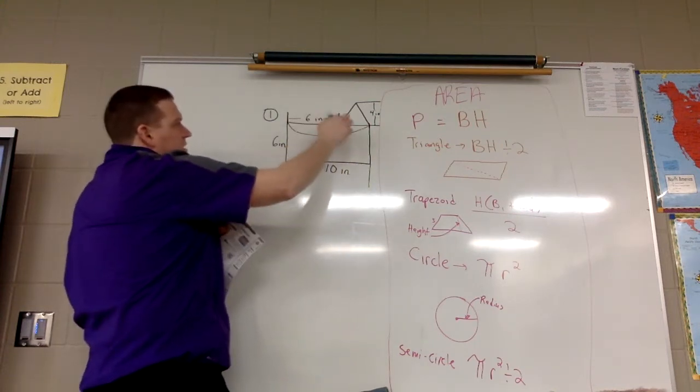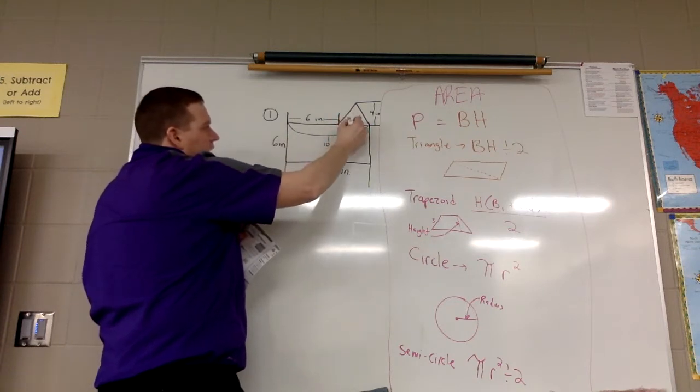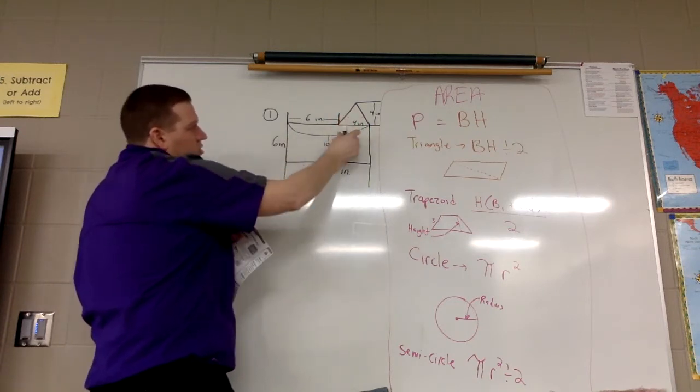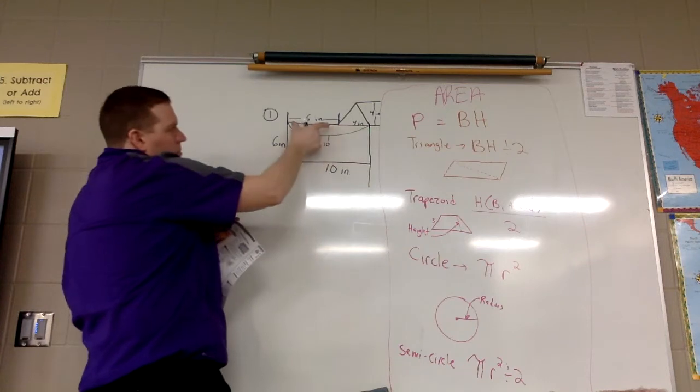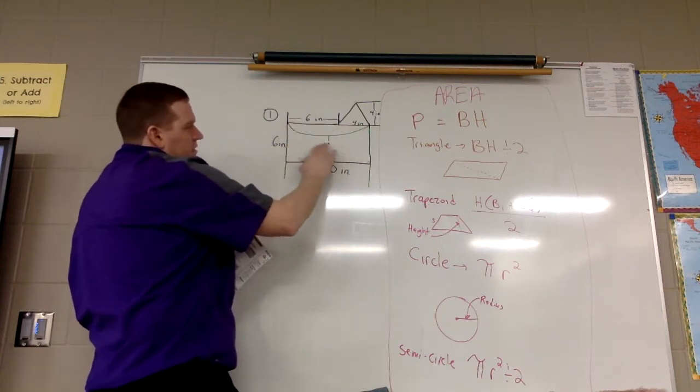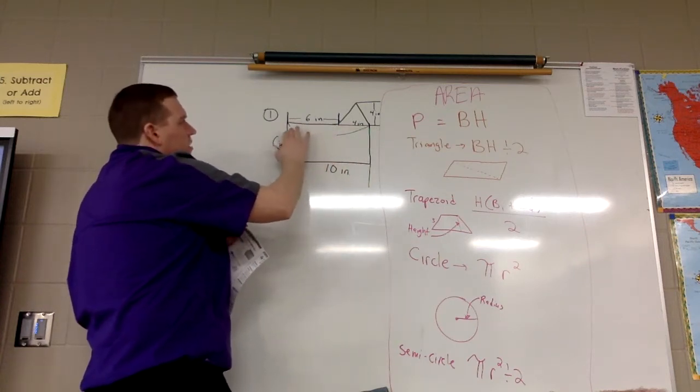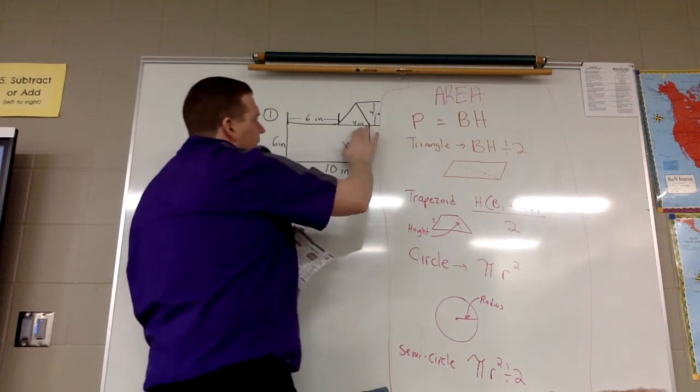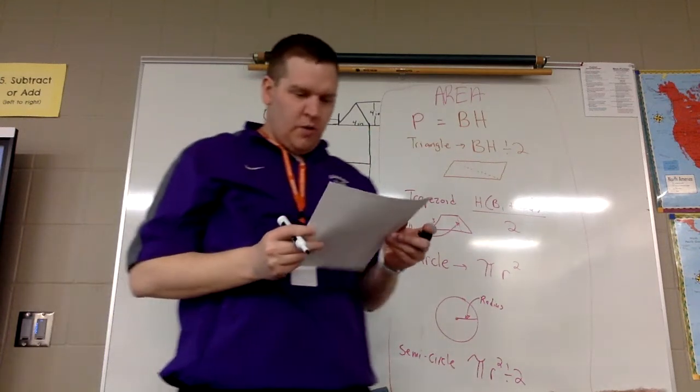So 10 minus 6 means that this little part here has to be 4 inches, because 4 plus 6 is the same as 10. So you will need to find that missing side, just like we had to do yesterday.